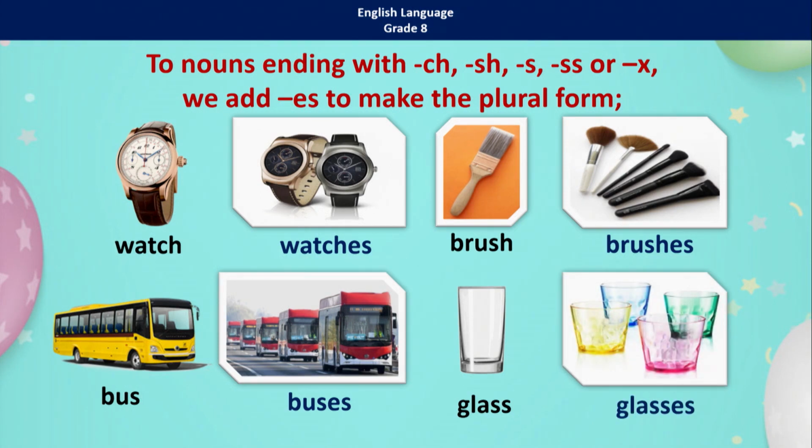Watch, watches. Brush, brushes. Bus, buses. Glass, glasses. We don't have a word which ends with X. So, we can say box. The last letter is X. We have to add ES. Boxes.